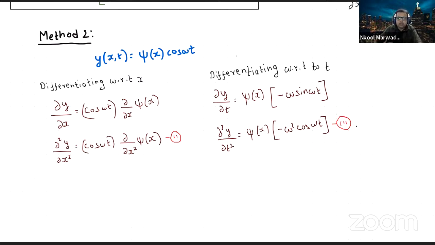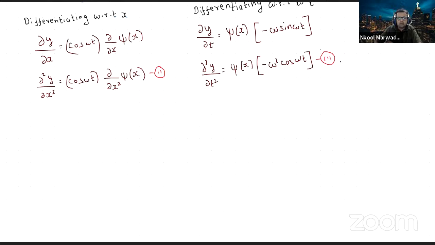Now I am introducing a new equation that you should remember. It is a basic equation. I am writing that. That is double derivative of y with respect to x is equal to 1 upon v square, double derivative of y with respect to t.